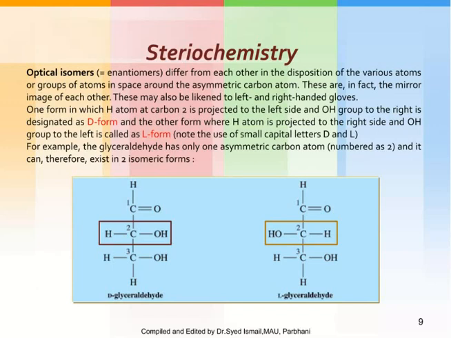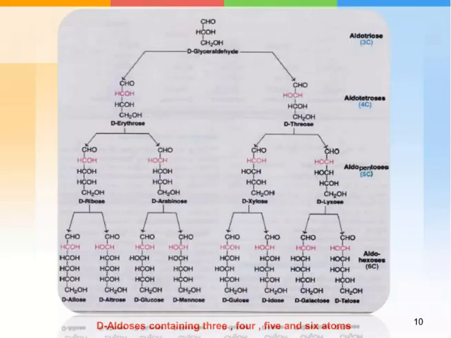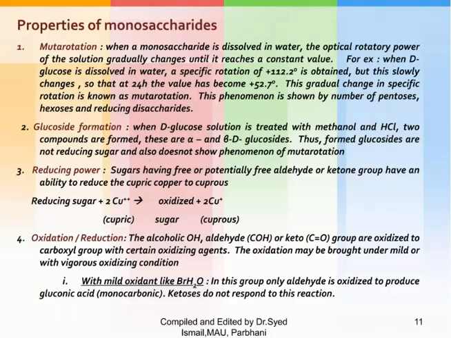Optical isomers, enantiomers, differ from each other in the disposition of the various atoms or groups of atoms in space around the asymmetric carbon atom. You can see here D-glyceraldehyde and L-glyceraldehyde. So you can see the D-glyceraldehyde, then 4 carbon, then 5 carbon, then 6 carbon.